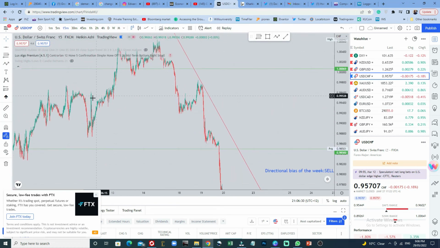Let's try and find an entry. Now let's look at this area. By my entry, I mean this area. All the numbers here are psychological levels because they are all rounded up. Now look at this psychological level around this point of entry.